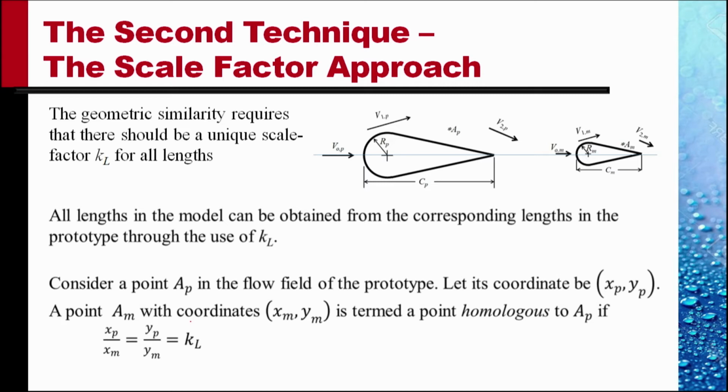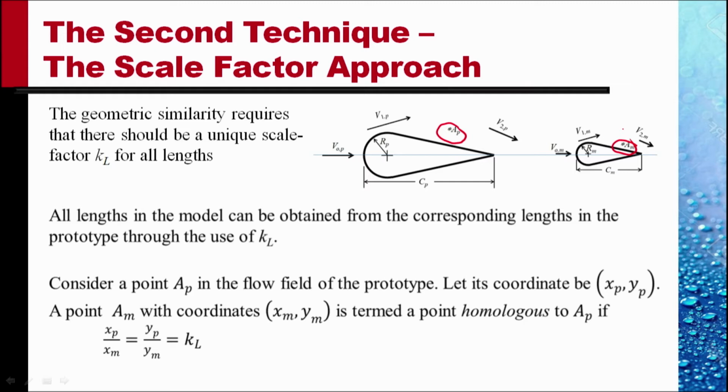Consider a point AP in the prototype, a point AM in the model is termed a homologous point if the ratio of the x coordinates and the y coordinates of these two points are exactly equal to KL. XP by XM is equal to YP by YM is equal to KL.